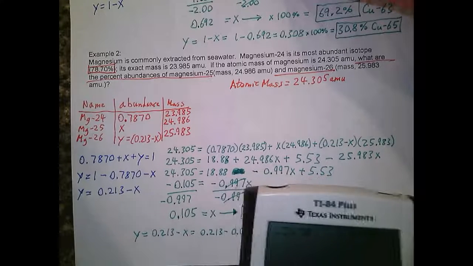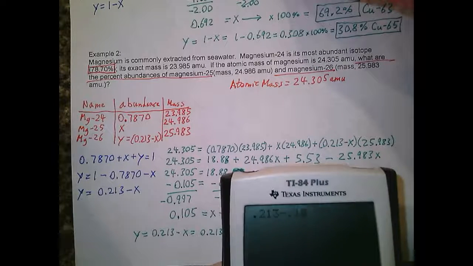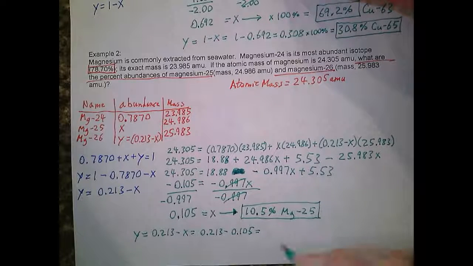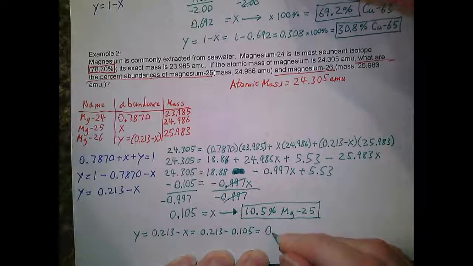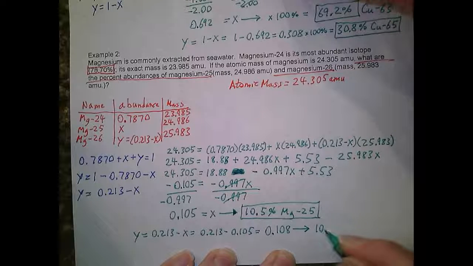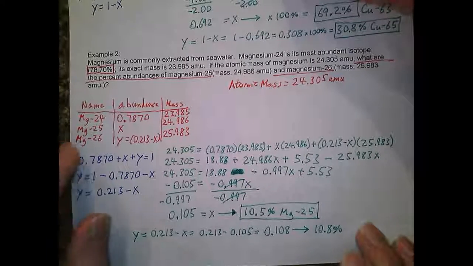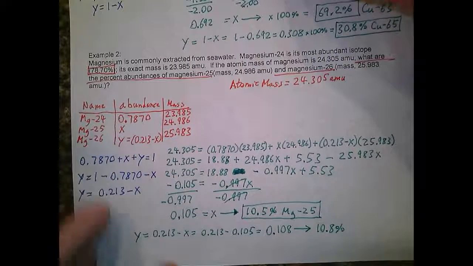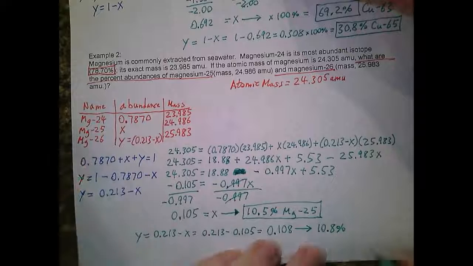You get 0.108. If we turn that into a percentage, it's 10.8%. And our isotope for Y, which is what I just solved, is magnesium 26.